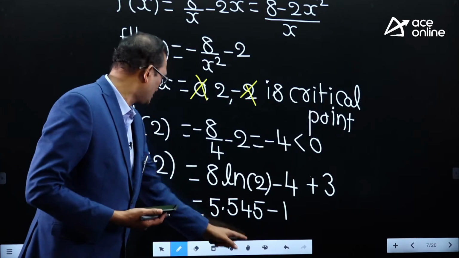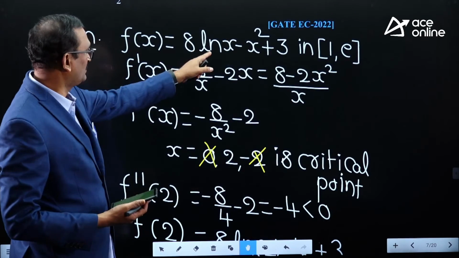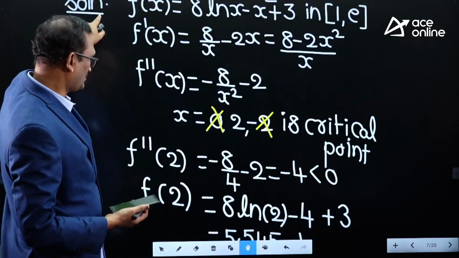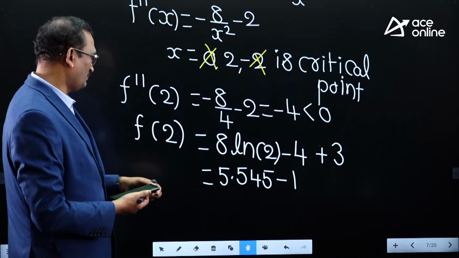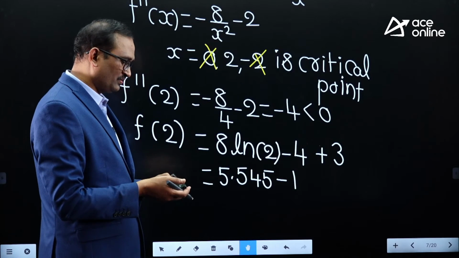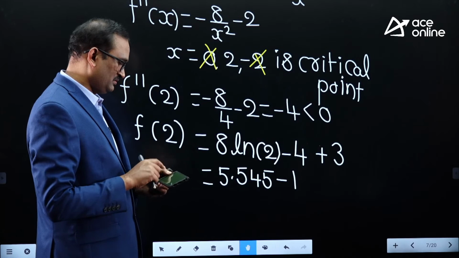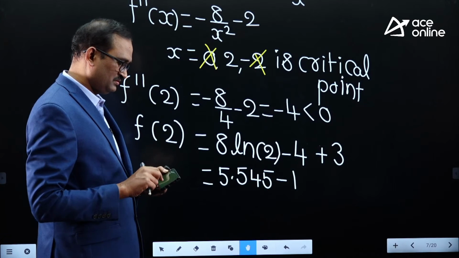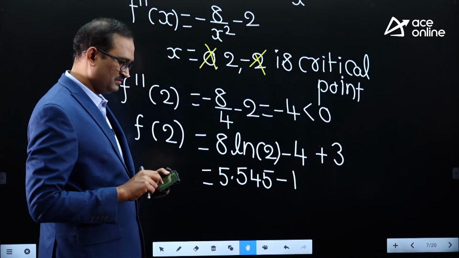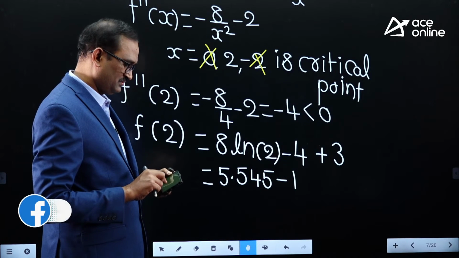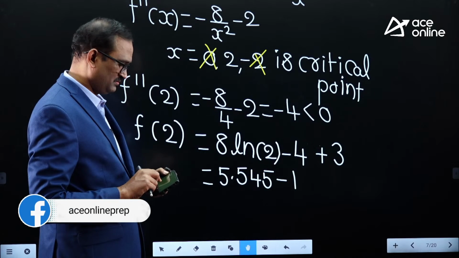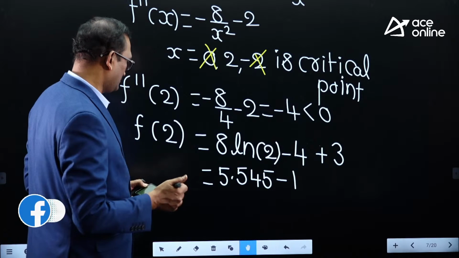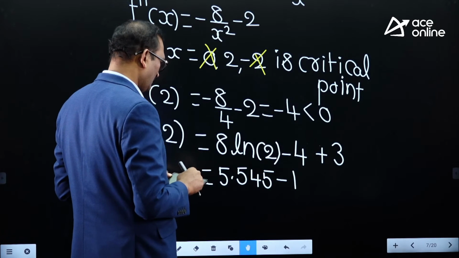So you have to substitute here f of 2 equal to 8 ln 2 minus 2 square minus 4 plus 3, minus 4 plus 3 minus 1. So you can write this as 5.545 minus 1.